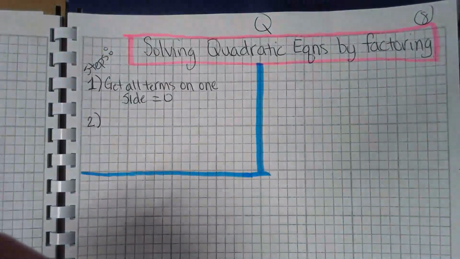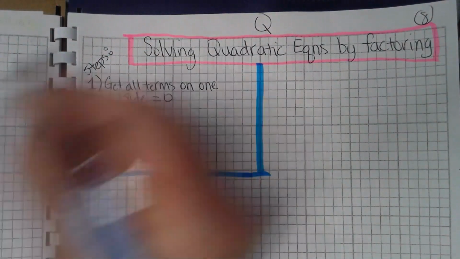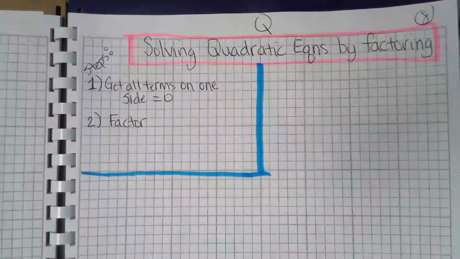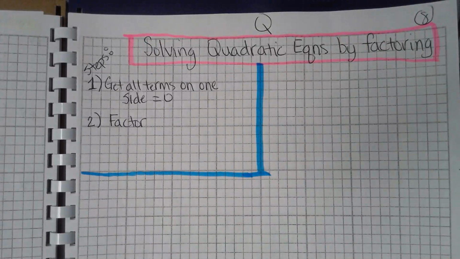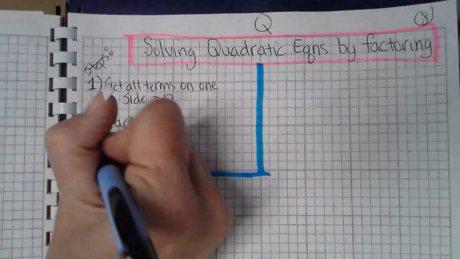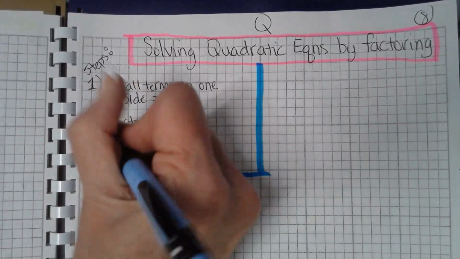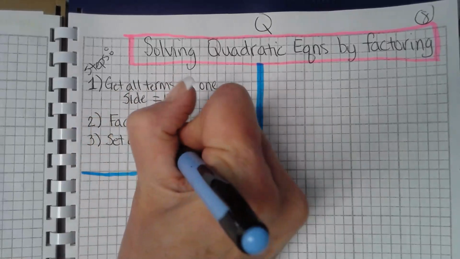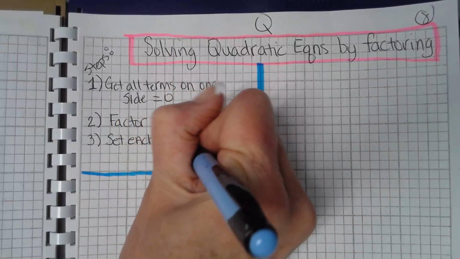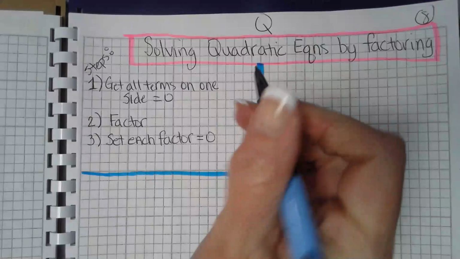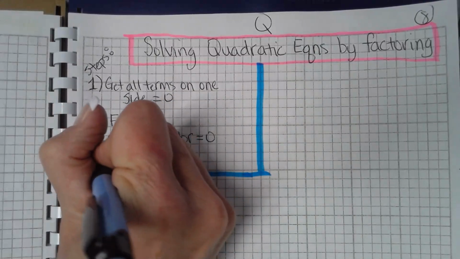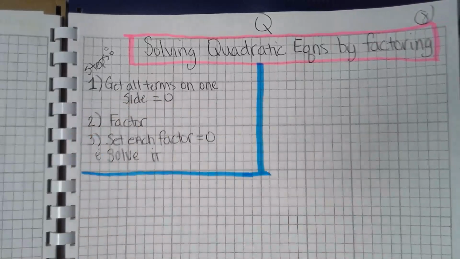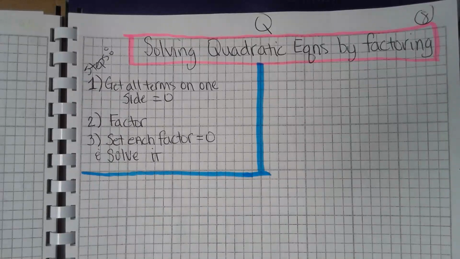Second step that you've done before. You're then going to factor. Third step, and this is where the new part comes. You are going to set each factor equal to 0 and solve it.